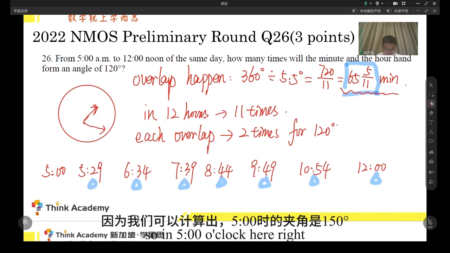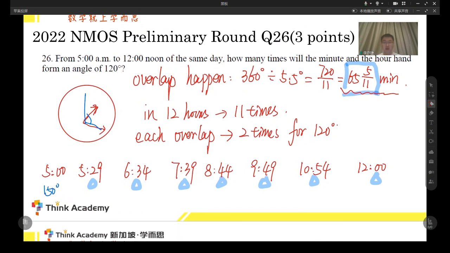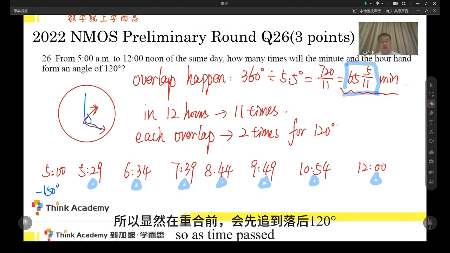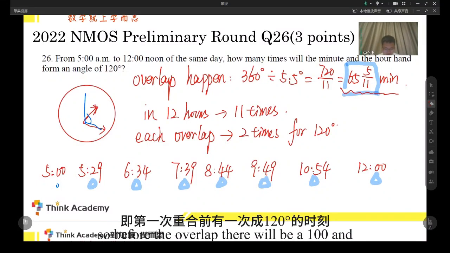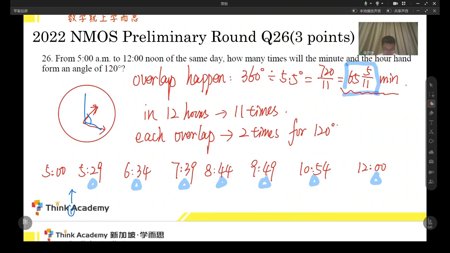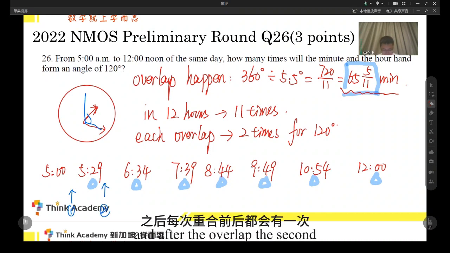At 5 o'clock here, the angle will be 150 degrees. So as time passes, of course, there will be a time when we form 120 degrees, right? So before the overlap, there will be a 120 degrees. So this is the first time. And after the overlap, the second.